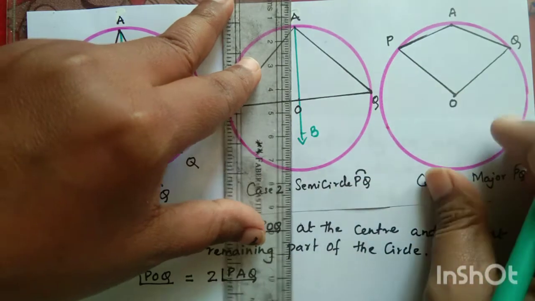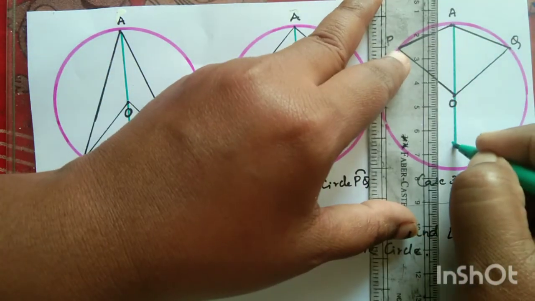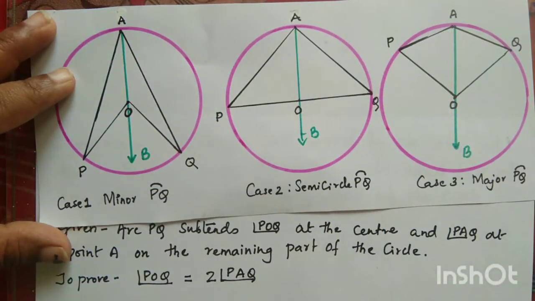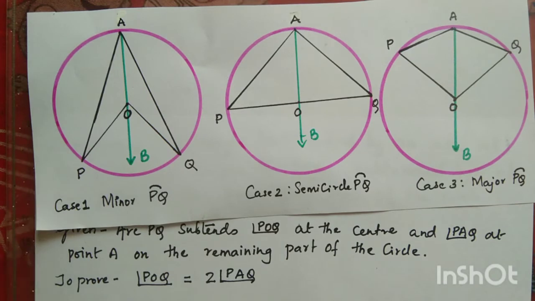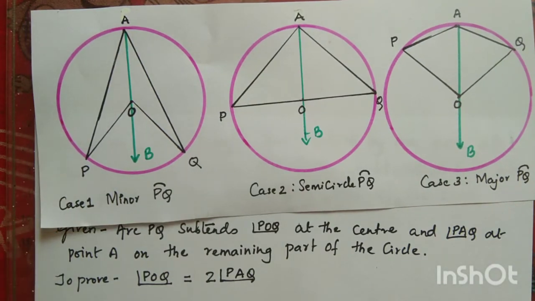Mark this point here. So this is by construction. Whatever we have drawn here is by construction. So we will quickly write down the construction we have done.